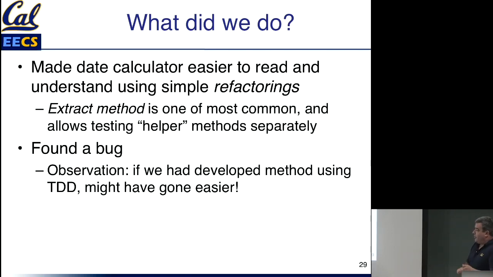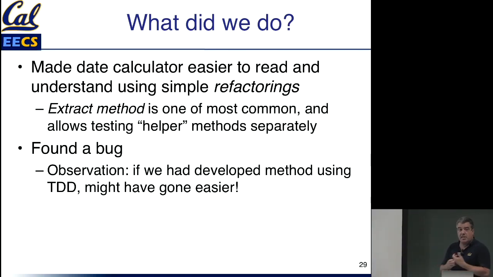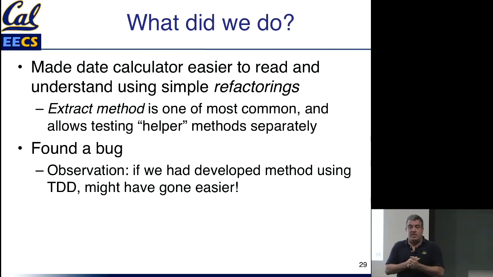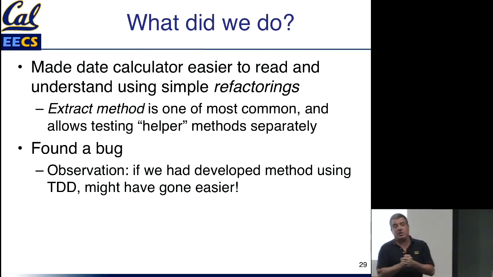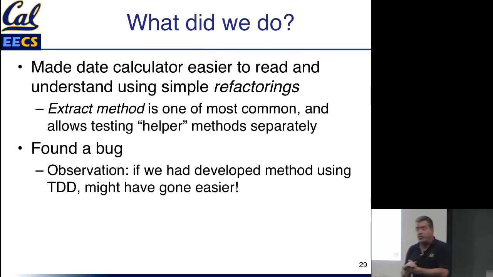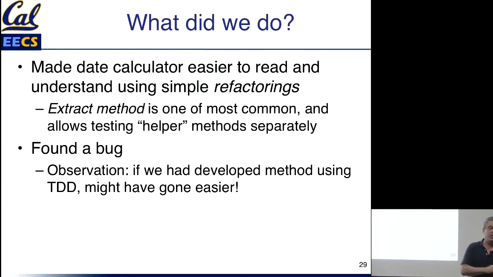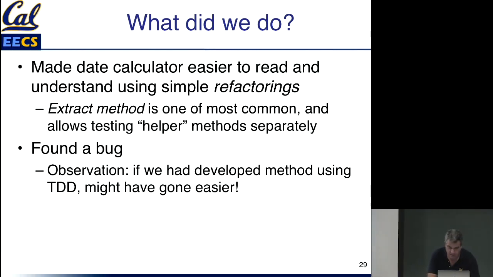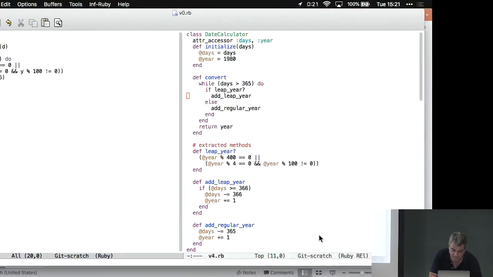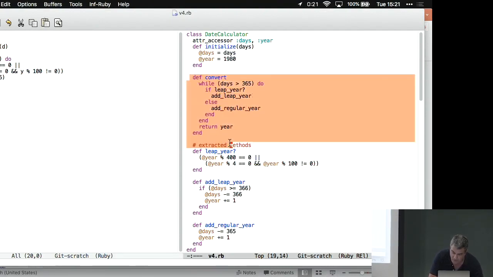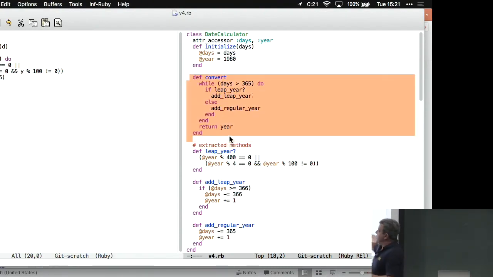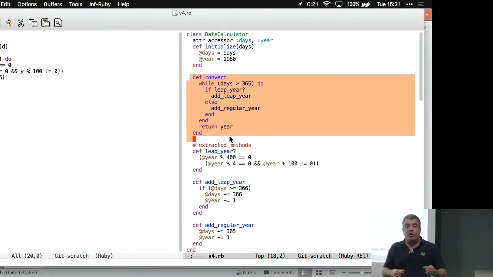You could argue that the bug that we just illustrated, which, like I said, was based on a real bug, might have gone easier if we had developed the method incrementally using TDD. Suppose you started out from just the top-level function. If this was the first thing you wrote, it serves as a kind of blueprint for you as the developer to figure out what you need to do.